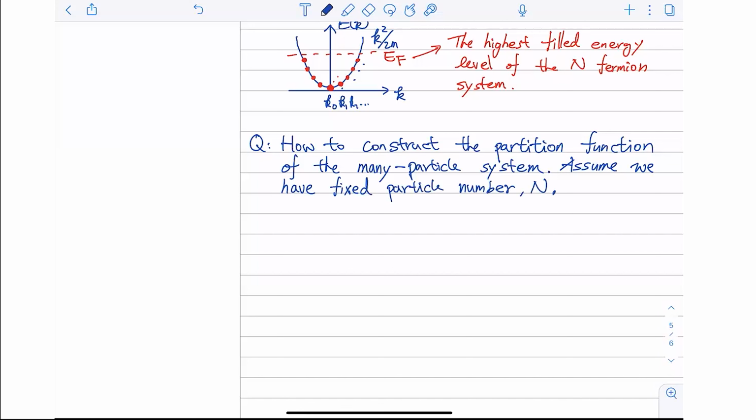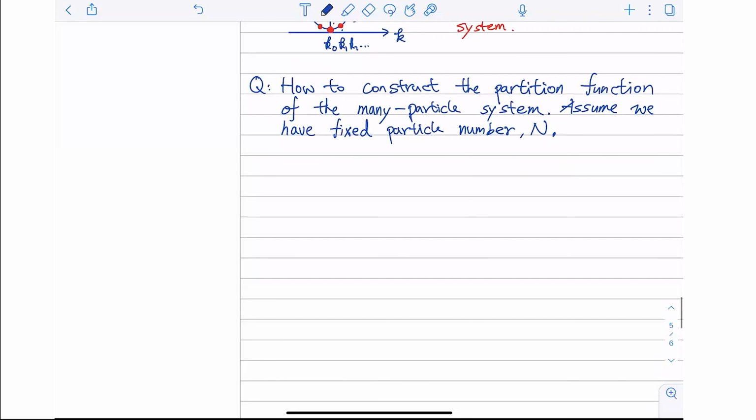This condition is actually not super important, but I just want to have an initial idea about how to construct a partition function for an n particle quantum system, and then we will try to relax this condition and see how things will change.